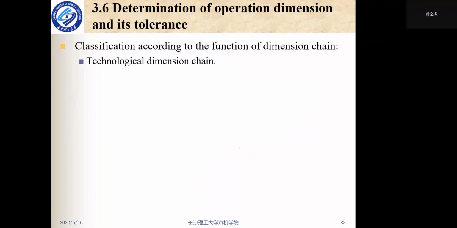We have this example. In the last figure, a dimension chain is formed. The first one in classification is the technological dimension chain, which means the dimension chain formed by some related dimensions of the single component in the machining process.